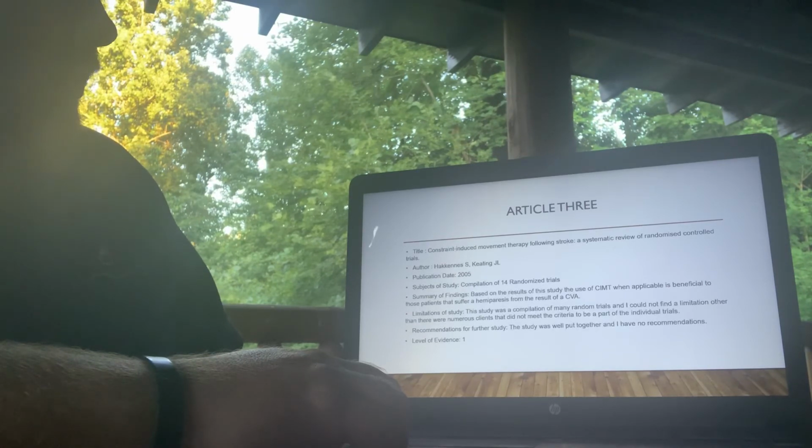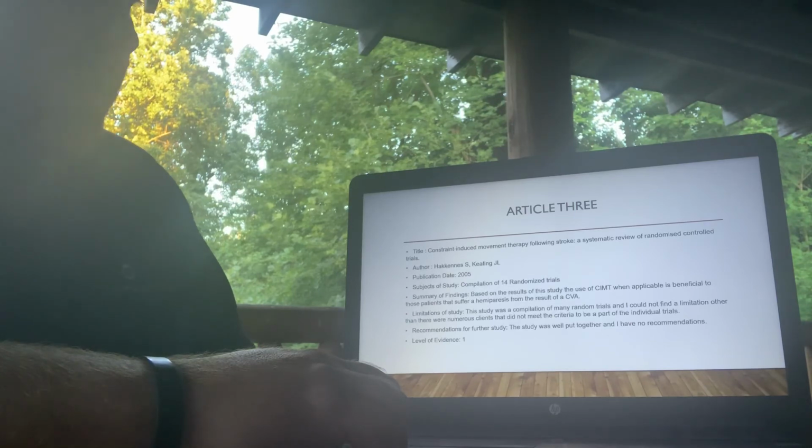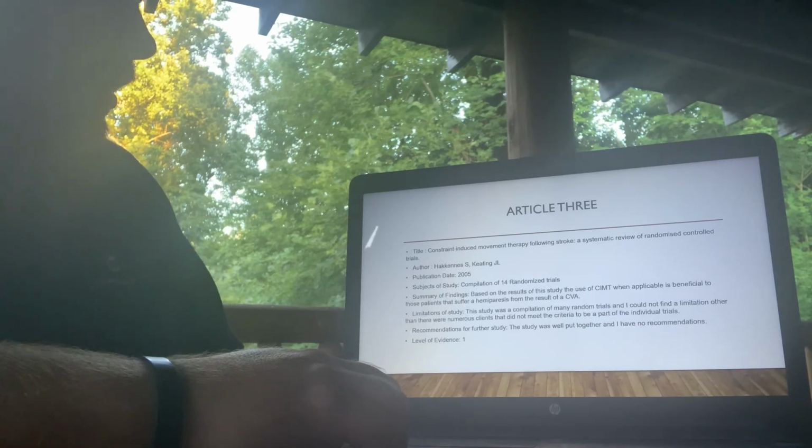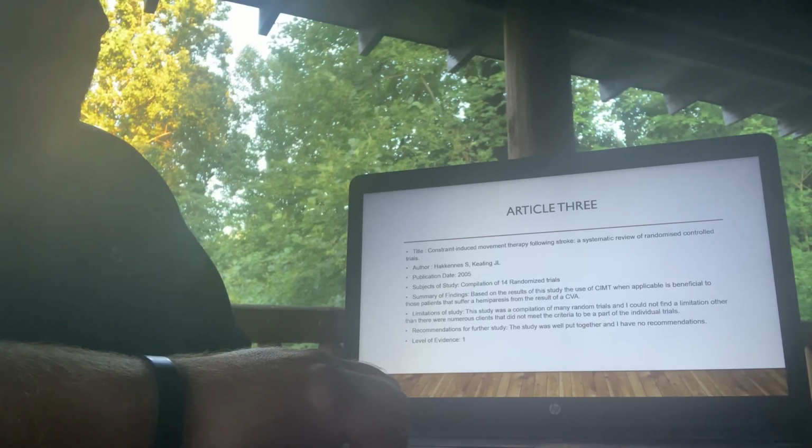As for limitations, this study was a compilation of many randomized trials, and I really couldn't find a limitation other than that numerous clients did not meet the criteria to be part of the individual trials. A lot of individuals were cut from the trials because they didn't meet all of the qualifications. The study was well put together, and I did not have any recommendations. With that being a review of multiple randomized trials, I have that at a level 1.